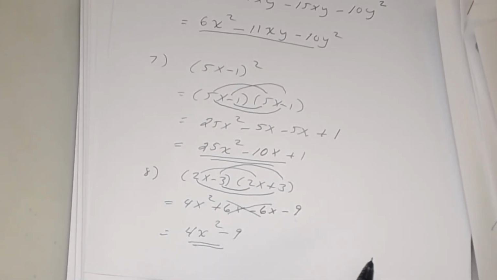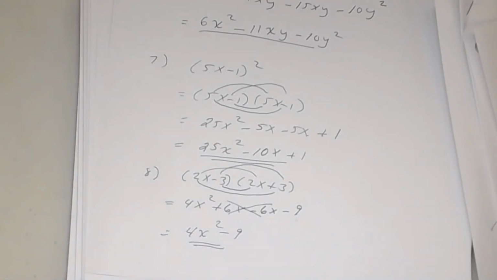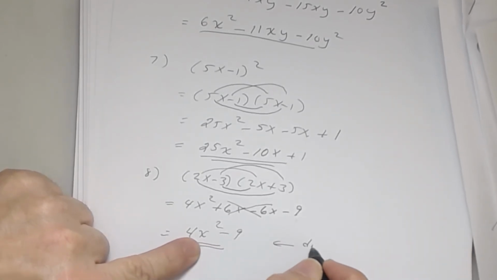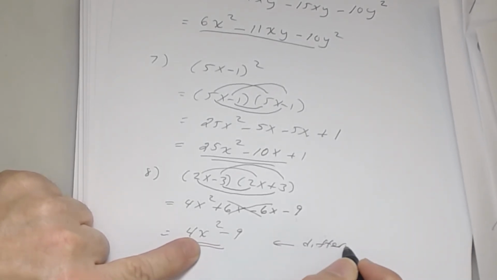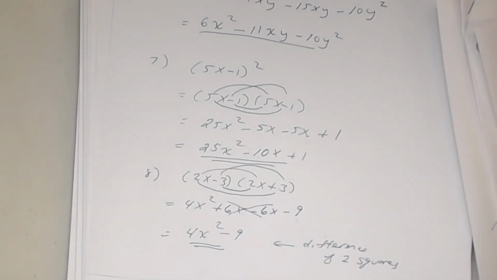All right. Now, when we do factoring, towards the end of that chapter 13, you're going to learn that this right here is called the difference of two squares. So we're going to come back and talk about the difference of two squares towards the end of that chapter 13. When you factor the difference of two squares, I want you to notice this, and we'll talk about this next time.